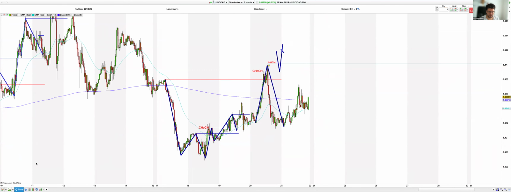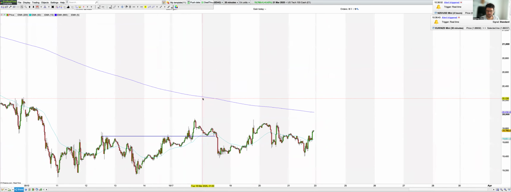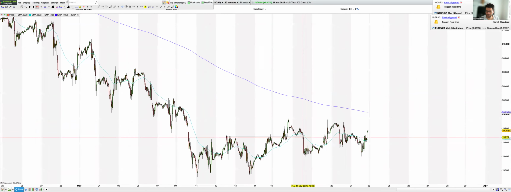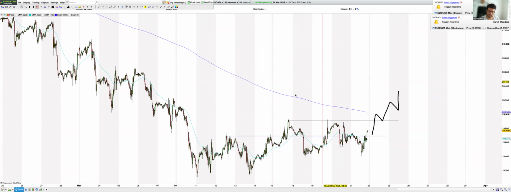And then last but not least, we have the Nasdaq. Nasdaq's trying to do something here. We will keep a close eye. I think Nasdaq is a contender for a long, and I think you're going to potentially see this one do well this week. Looking for that sort of thing.